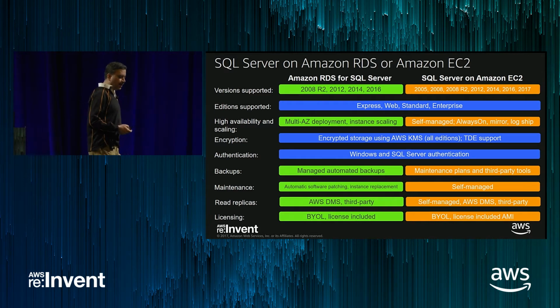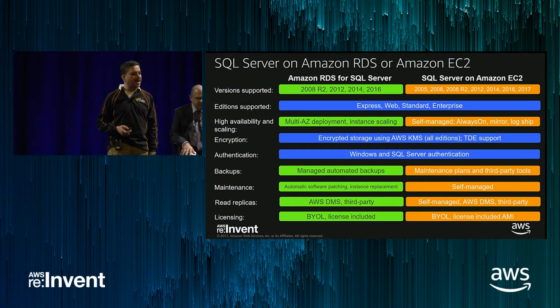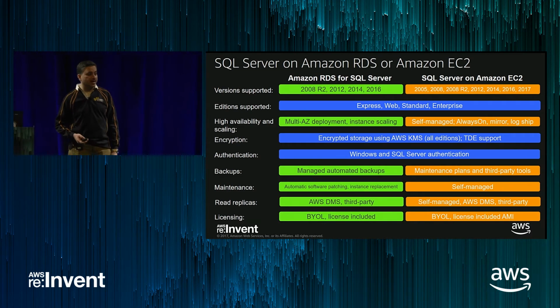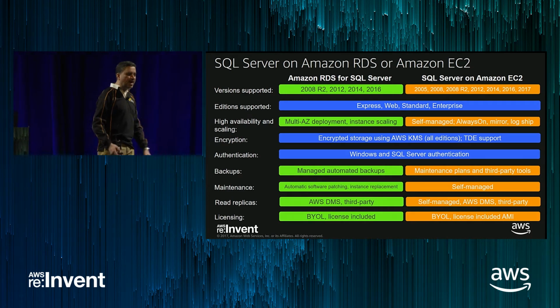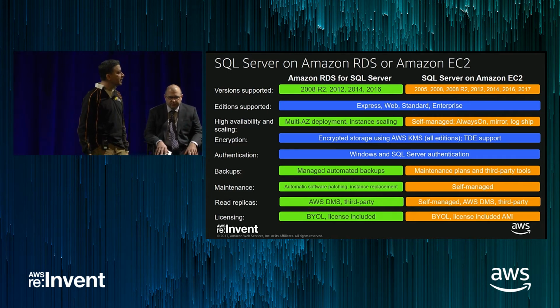And then a few other options around replicas. You can create read replicas for maybe read-intensive workloads on RDS today using DMS, or maybe even third-party tools like CloudBasic, for example. On the EC2 side, you can self-manage and use that as part of your database engine environment.